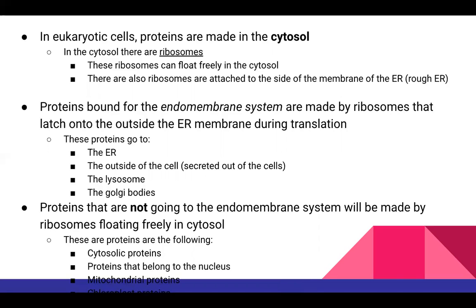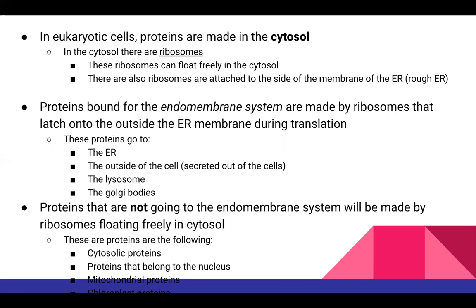And proteins that go in the endomembrane system are made by ribosomes that latch onto the outside of the ER membrane during translation. So those are ribosomes that are docked to the rough ER. And proteins that are heading into the endomembrane system go to the ER, the lysosome, Golgi body, or they can get secreted all the way to the outside of the cell.